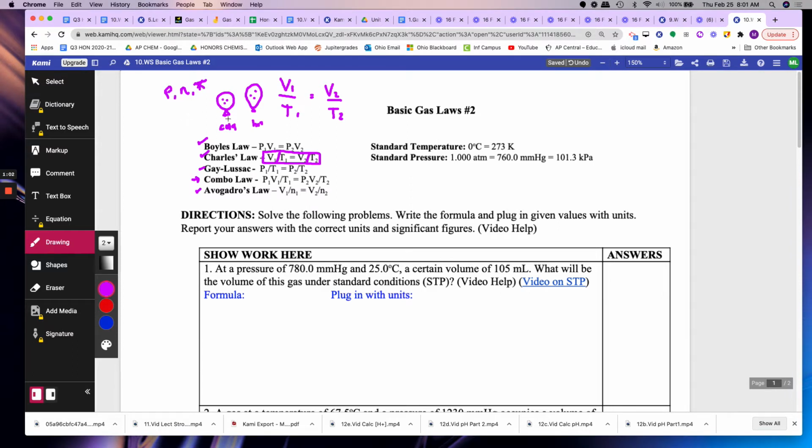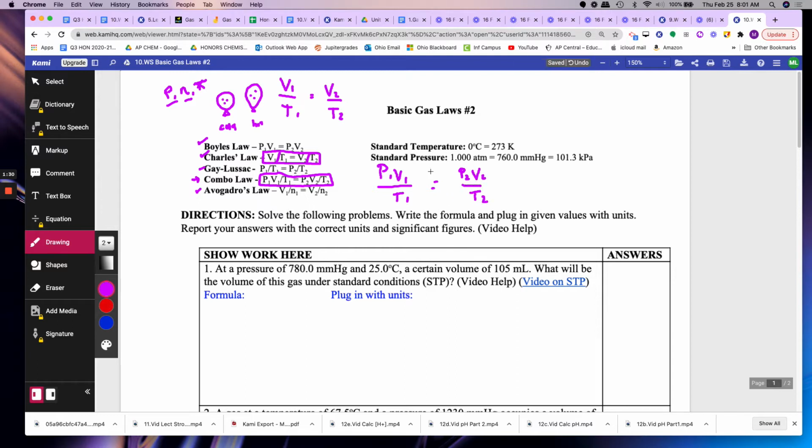Okay, so two variables are changing and two variables are constant. This one, the combo law, you have 3 variables changing. As you notice, the numerator is P1V1 and the denominator is T1, equals P2V2 over T2.